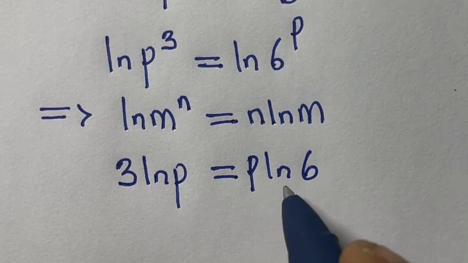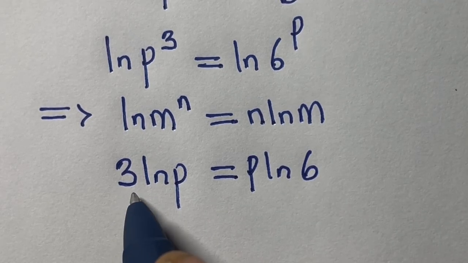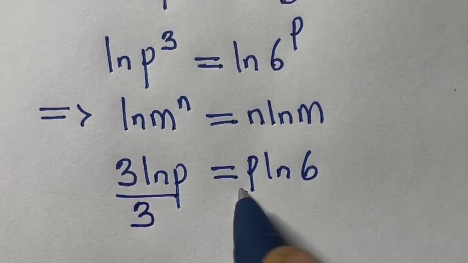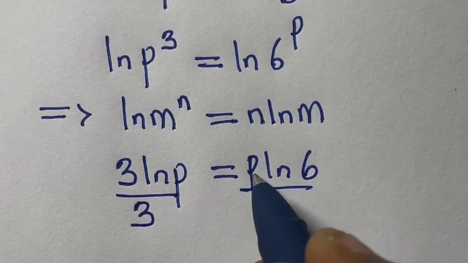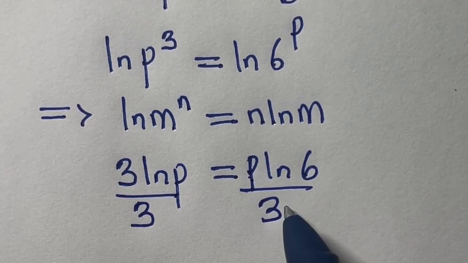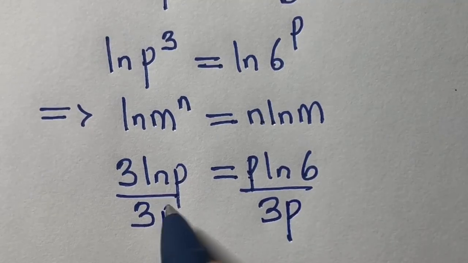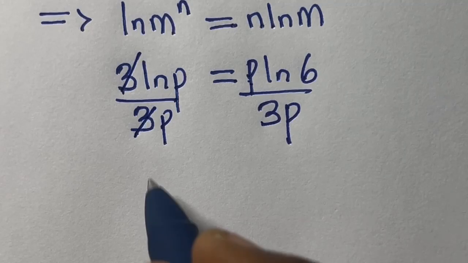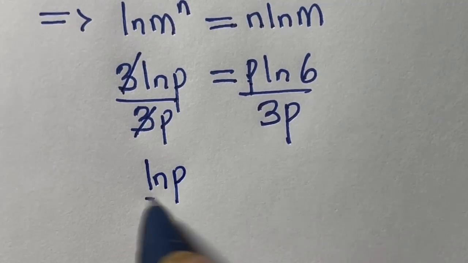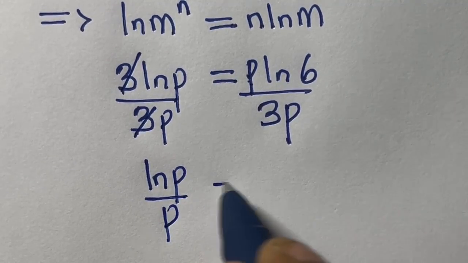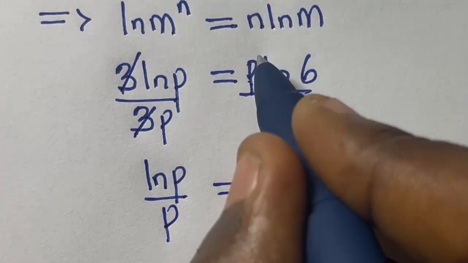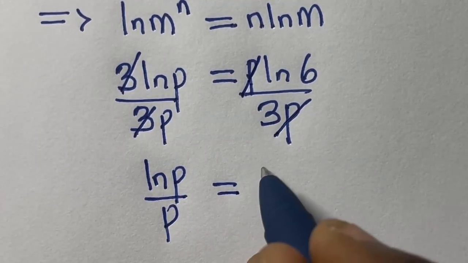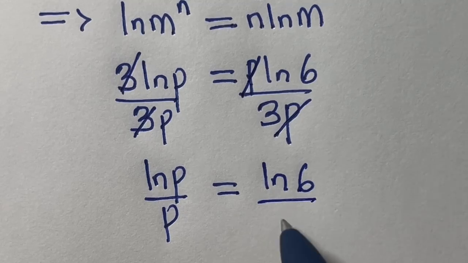What we are going to do here is divide both sides by 3, and again divide both sides by p, so we cancel this. So we'll have ln p divided by p equals ln 6 divided by 3.